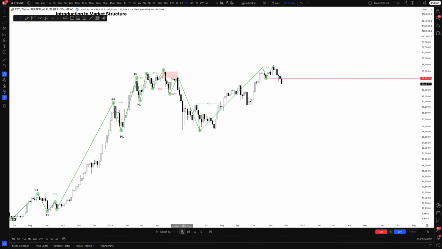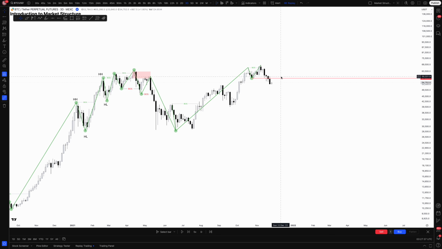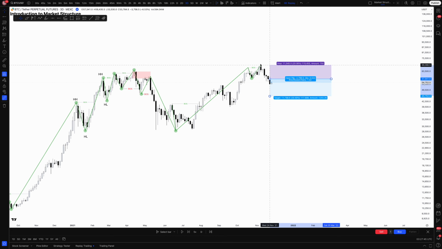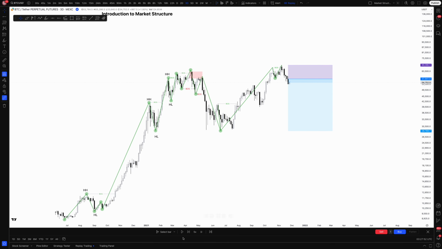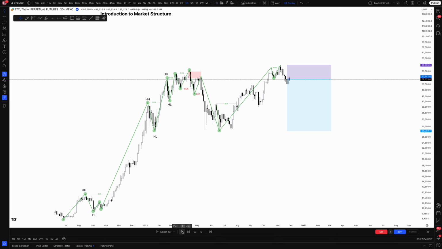Did that break? Okay, that broke right now. So you could enter a short right now on this move down, setting an entry here, stop loss above this high, targeting this level again. See how this plays out, because that broke bearishly now, and this was key structure. So you can see that was a major pivot point, and it has broken down one more time to the downside.